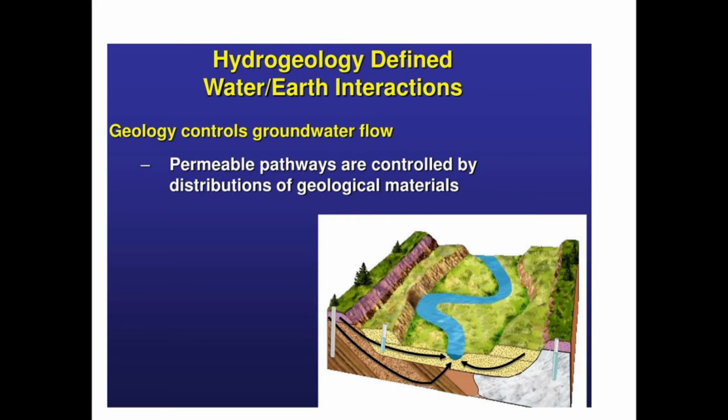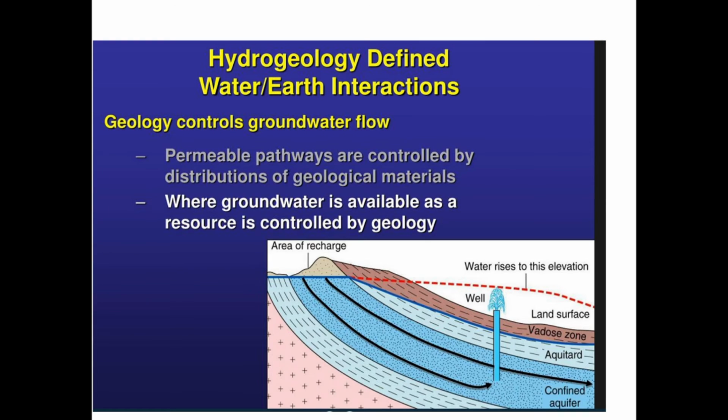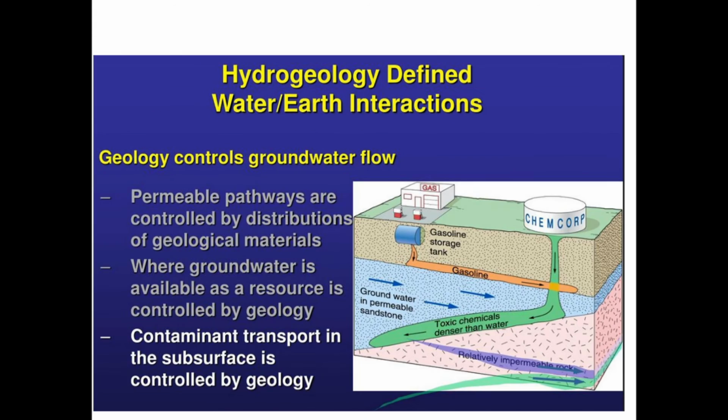So permeable pathways are controlled by distribution of geological materials, especially the rocks and soils. Then where groundwater is available as a resource is controlled by geology. Then contaminant transport in the subsurface is controlled by geology.